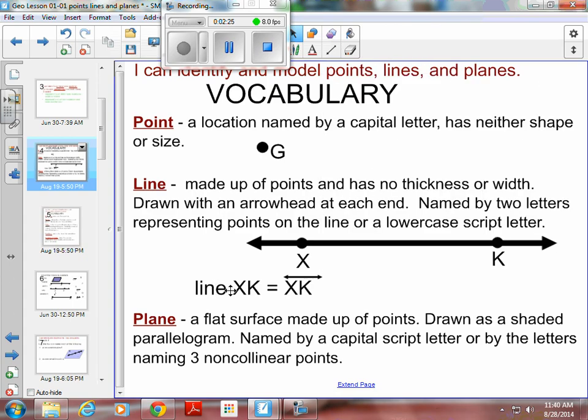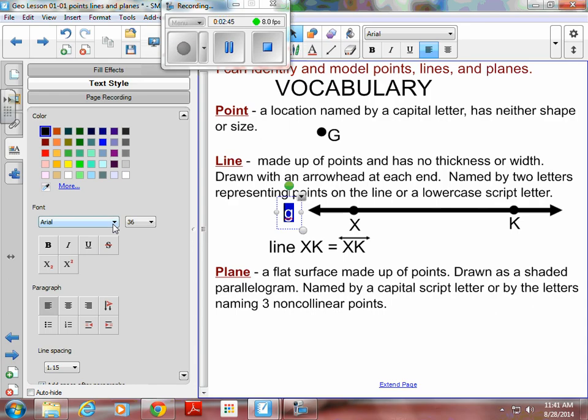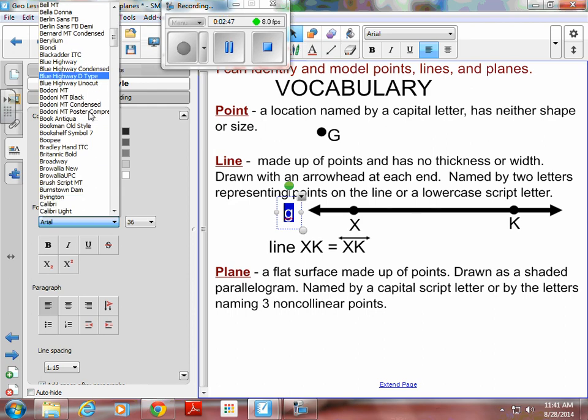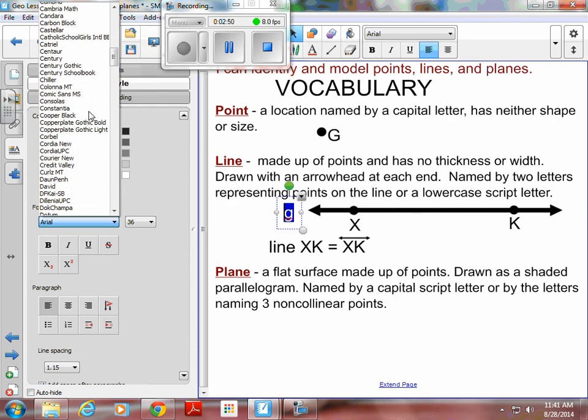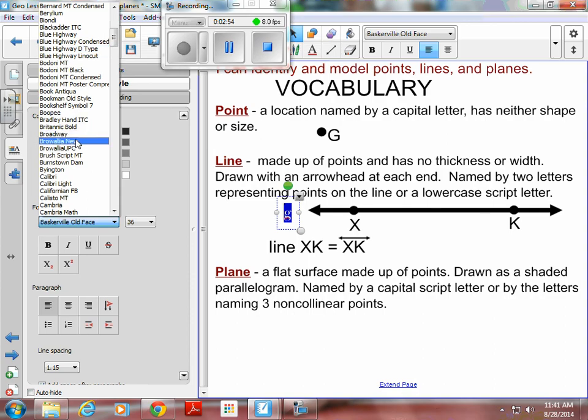So you can say line XK, or you can say XK and put the line over it. And then also you can use a scripted letter. So if I use a scripted G, I like the scripted G. I don't want a capital G, I want a lowercase g, and I want to make it scripted. Let's find a script. Brush script is the topmost one, there it is.